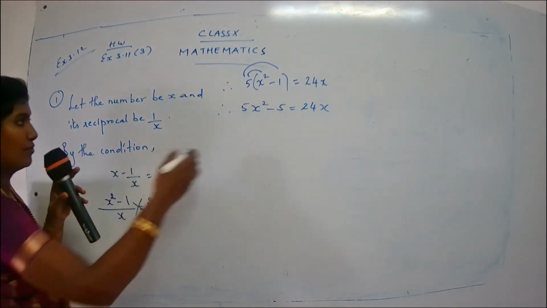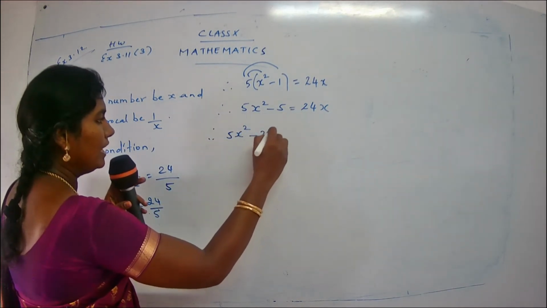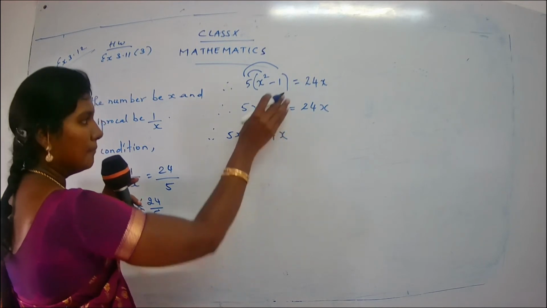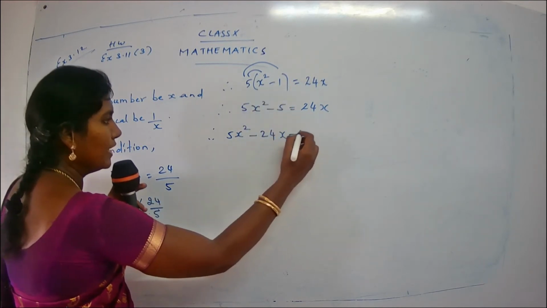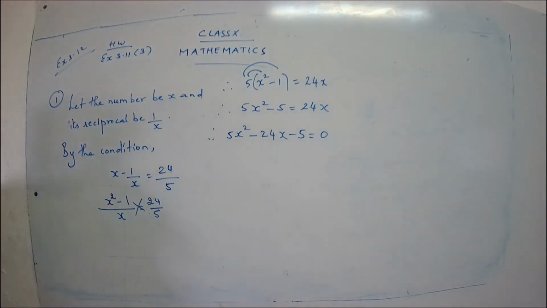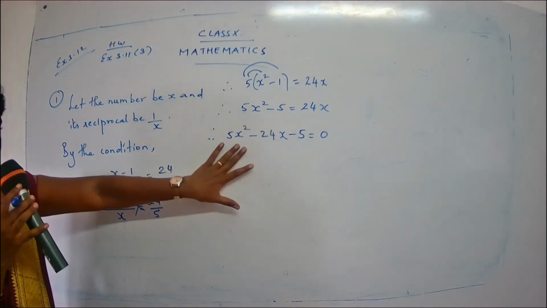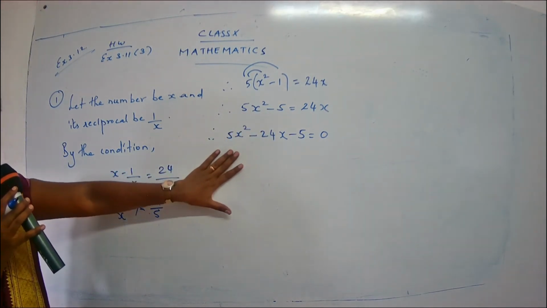Minus 24x, yes. So therefore, 5x square minus 24x minus 5 is here itself. So no need to do any changes. Keep it as it is. Equal to 0. Is it clear, children? I am just going to bring everything on one side. So 5x square was in the LHS part, so no need to do any changes.